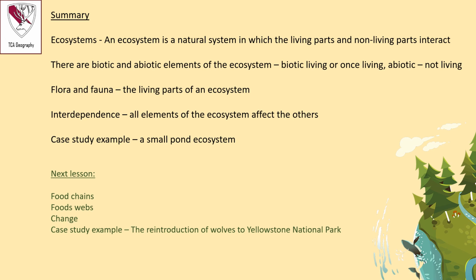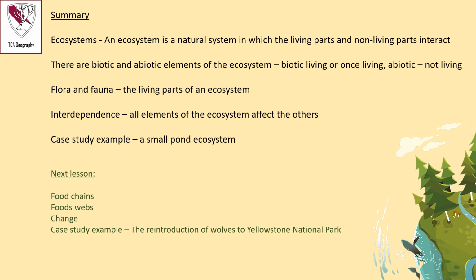So, in summary, we have seen that an ecosystem is a natural system in which the living parts and the non-living parts interact. We've learnt the words biotic and abiotic. These are elements of the ecosystem. Biotic are living or once living, and abiotic are the not living parts.